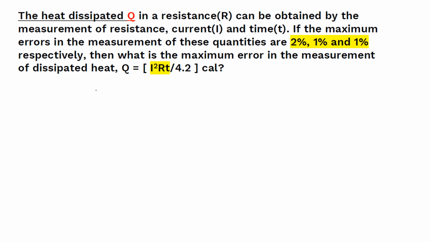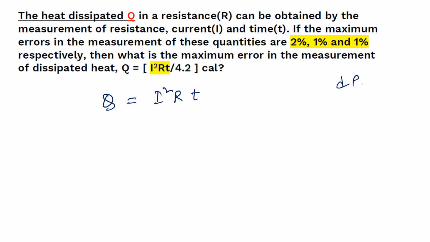Now we know that Q equals I square RT divided by 4.2 calorie, and in joule I can write that expression as Q equals simply I square RT, right? For resistance, the error percentage given here is 2%.